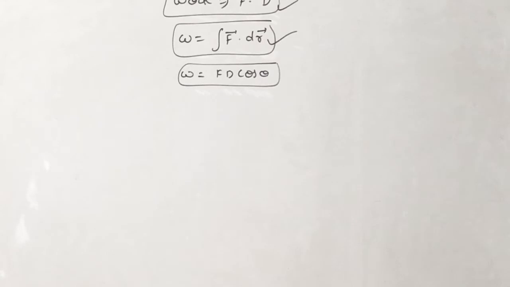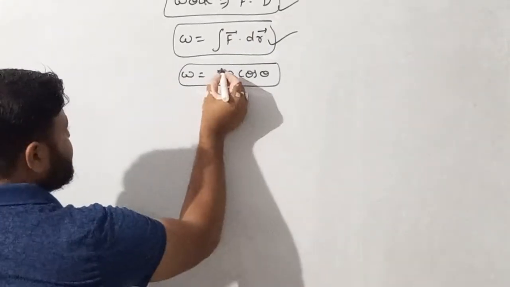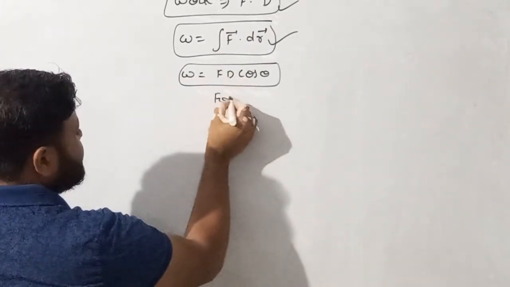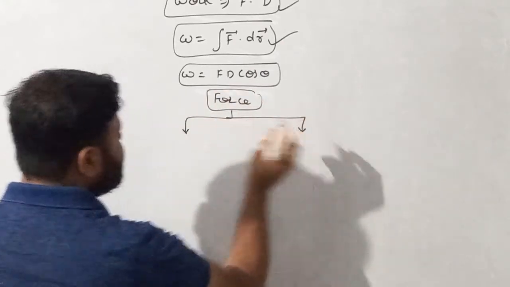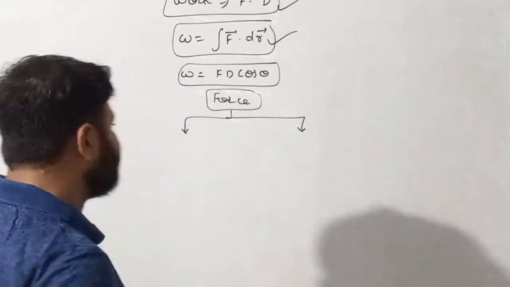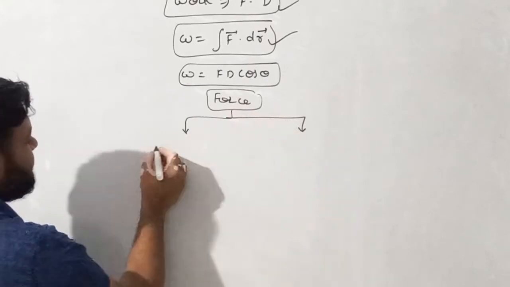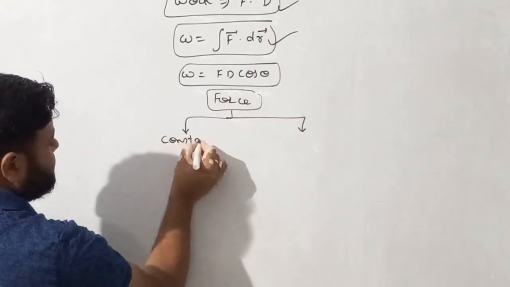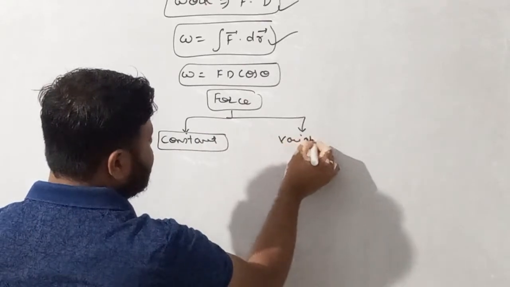In last lecture I already told you that work done depends on force, so on the basis of force, work is classified into two parts. Forces are of two types: one is constant force and the other is variable force.